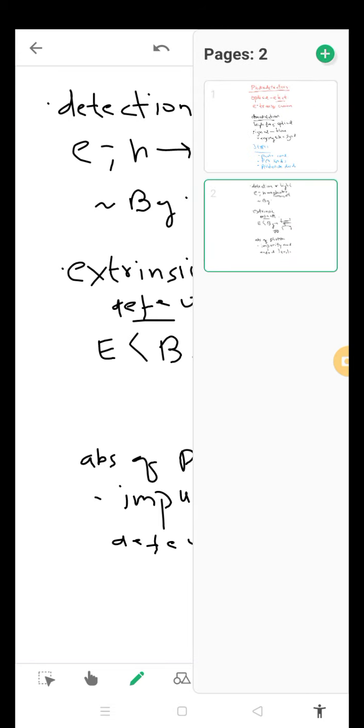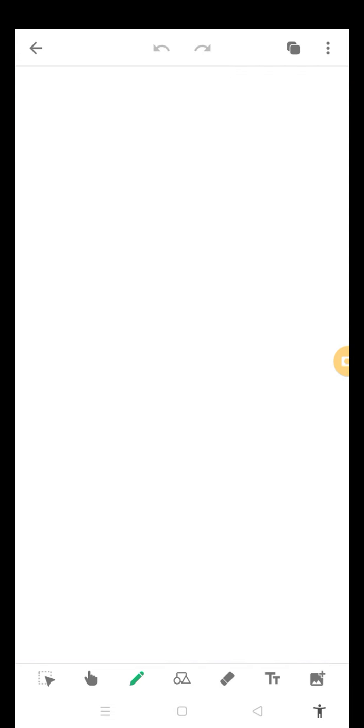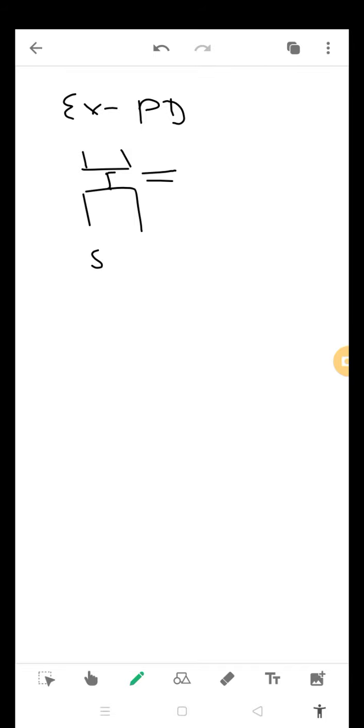Now, another type of photodetector, or an extrinsic photodetector, is when transitions occur between subband energies. So this is your original conduction band and valence band, and there are some energy levels in between them. The transitions occurring between them are called subband transitions, and energy associated with them are called subband energies, and they are like a quantum well.